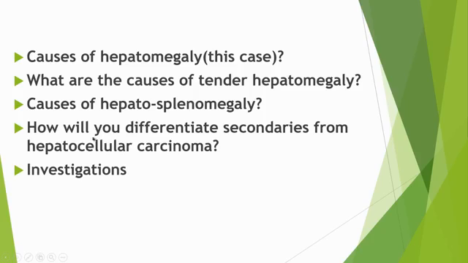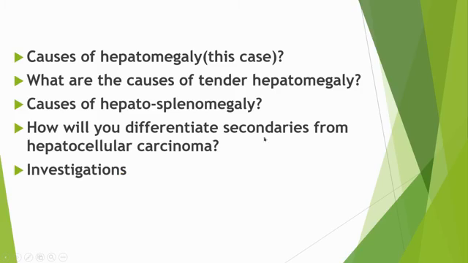How will you differentiate secondaries from hepatocellular carcinoma? Sir, secondaries are usually multiple. Hepatocellular carcinoma is usually single. There is umbilication in secondaries; there is no umbilication in hepatocellular carcinoma.